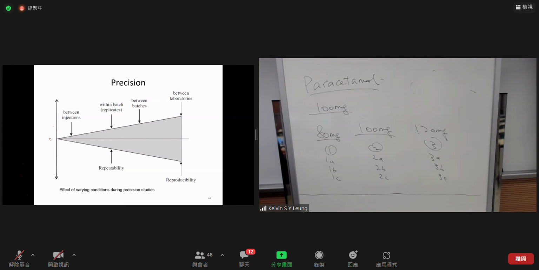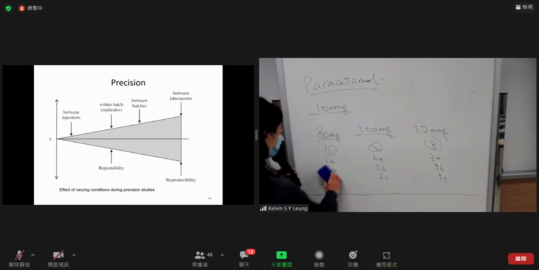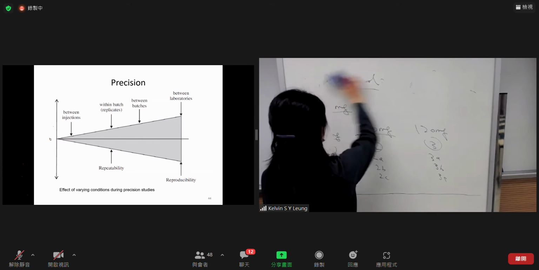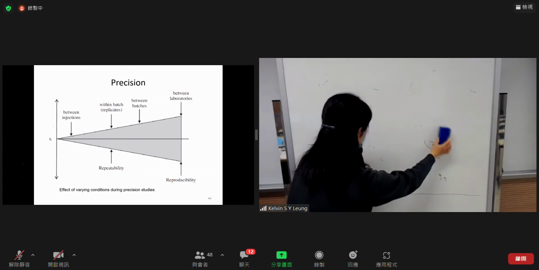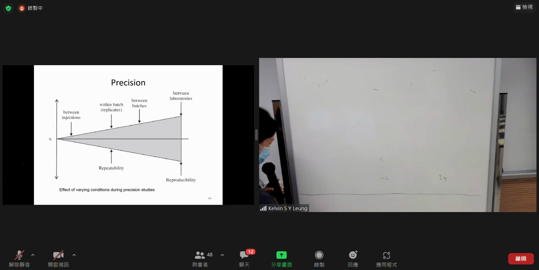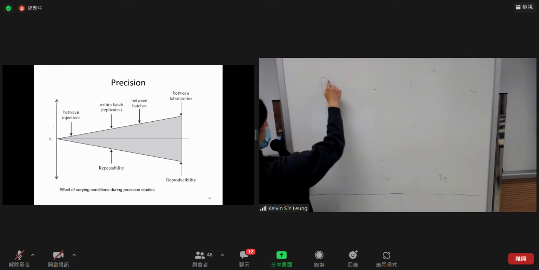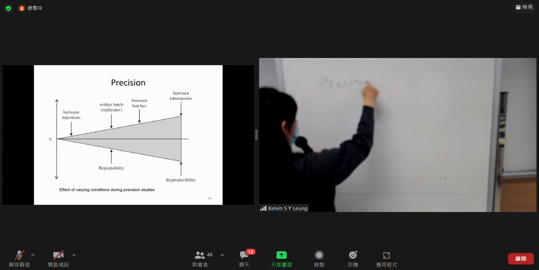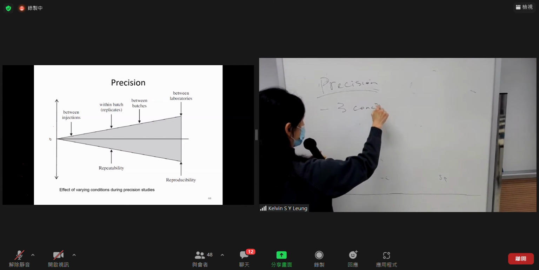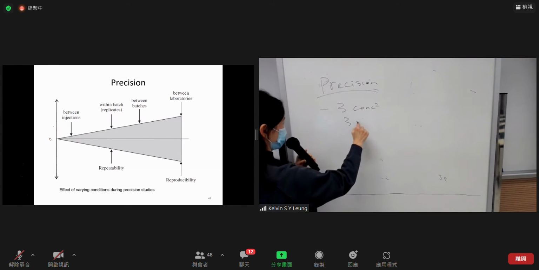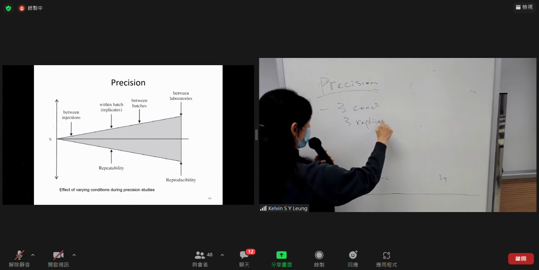In the precision studies, it will also accept 3 concentrations with 3 replicates.